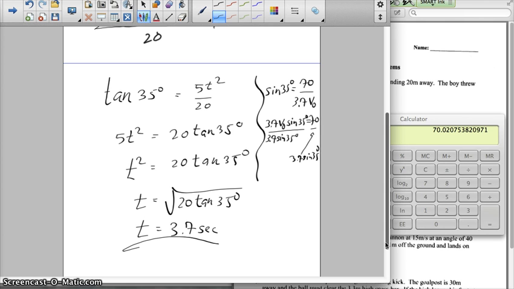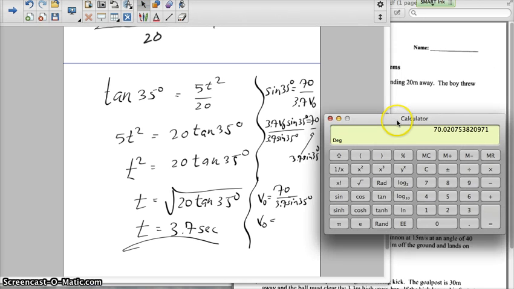And it looks like V naught is going to be 70 over 3.7 sine 35 degrees. Let's see if I can calculate that.